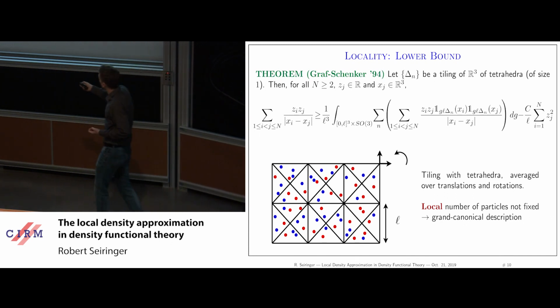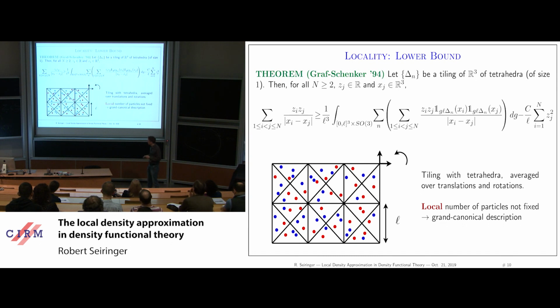Now, you might ask about the opposite charge, since we only have electrons, right? But you should think of it as the direct Coulomb term that we have to subtract. The locality is only true after we subtract the direct term. This basically gives you a background of oppositely charged particles.